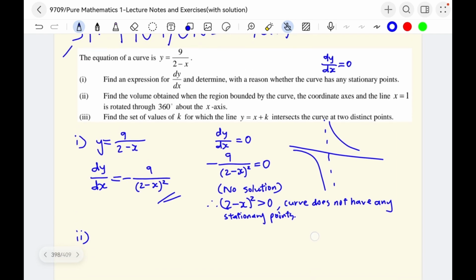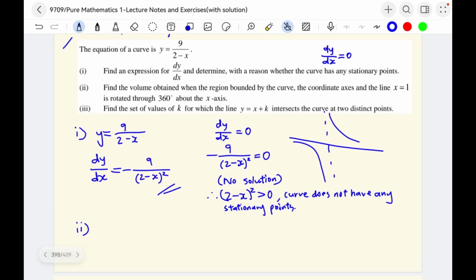So x equals 1 is actually maybe on this side. Okay? But since there are two branches, which means the asymptote will be different, the upper part of the curve will be intersecting the y-axis. Okay?